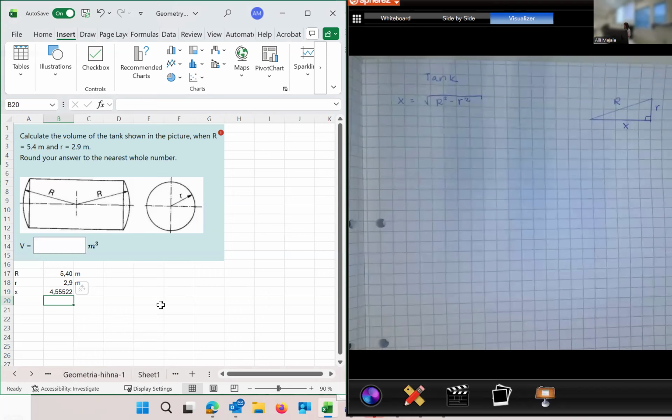Okay, so now I have the x, which would be meters. Then. So now I can already calculate some volume here if I want. Obviously, I can calculate the volume of this tank without the heads.